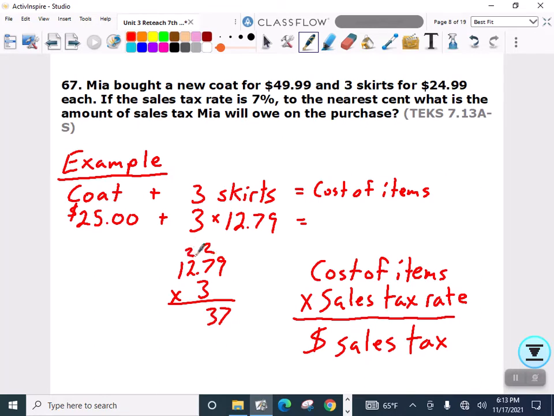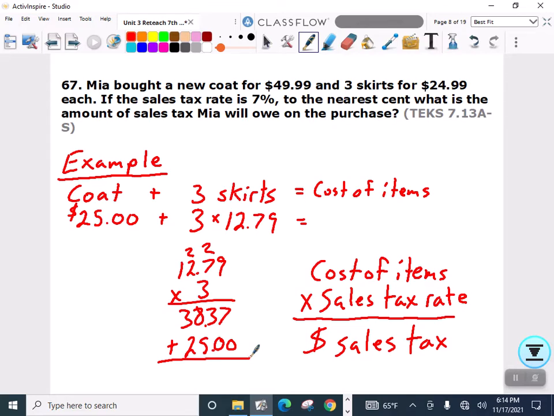Carry that 2. 3 times 2 is 6 plus 2 is 8. 3 times 1 is 3. We have 2 decimal points. So, as it turns out, $38.37 is the skirts.